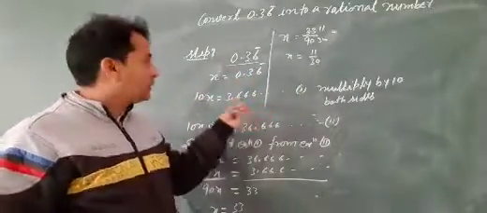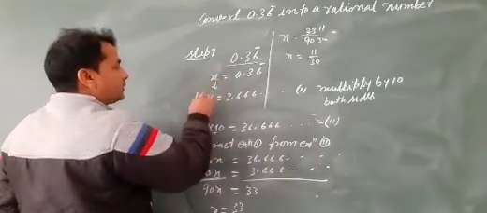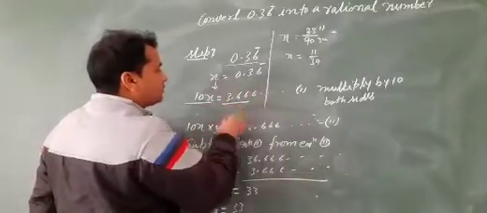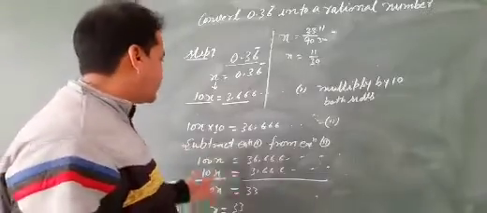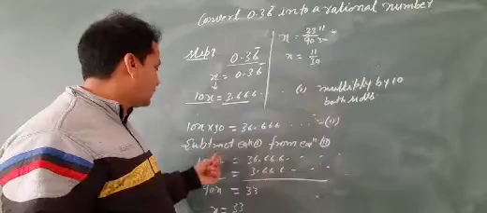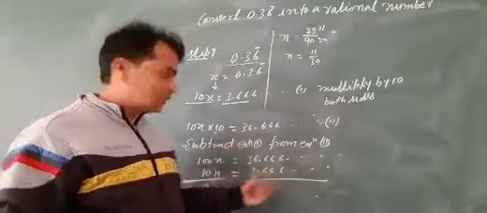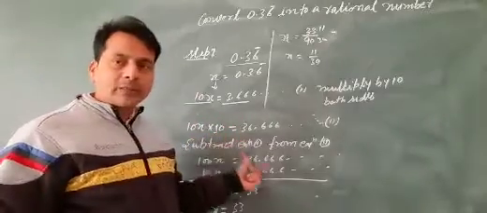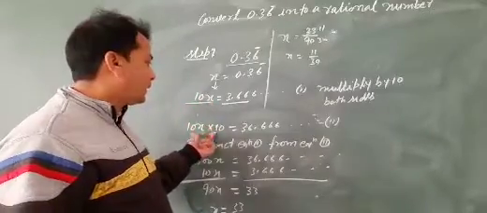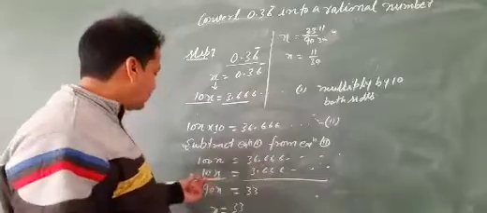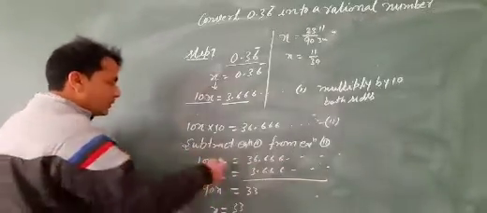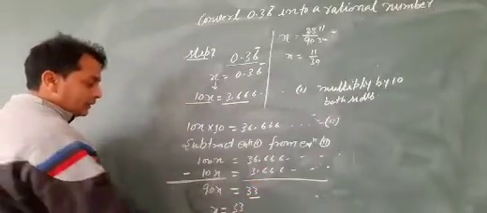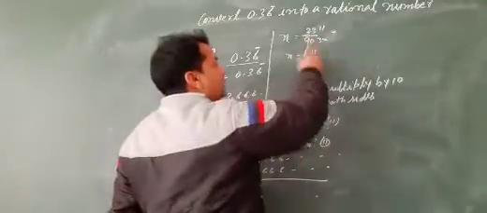Multiply by 10 on both sides: 10x equals 3.66, then 100x equals 36.66. Subtract the first equation from the second: 90x equals 33, so x equals 33 by 90, which is 11 by 30.